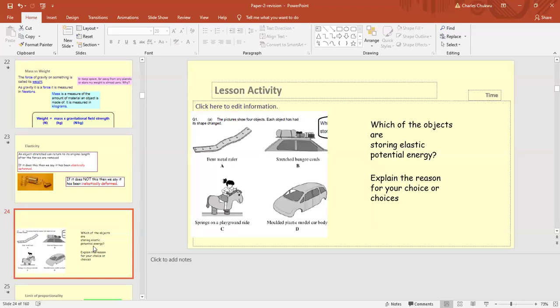So which of these objects are storing elastic potential energy? Okay, so I think a bent metal ruler, does it? I don't think so. Can it bounce back?